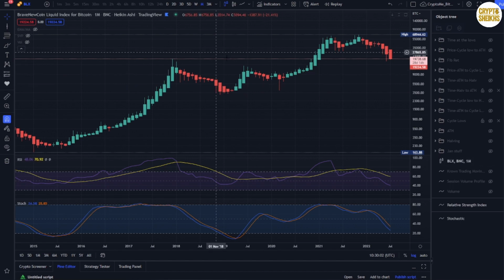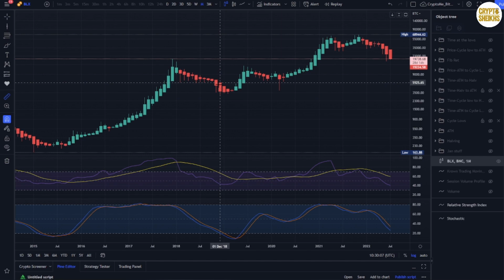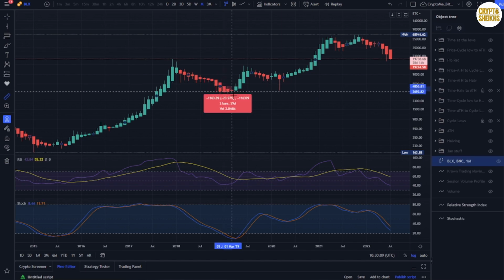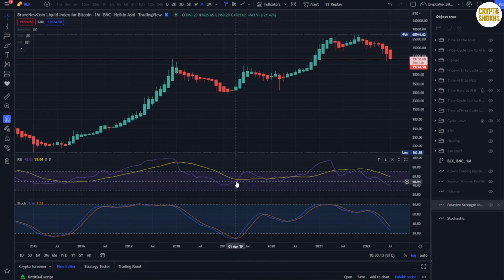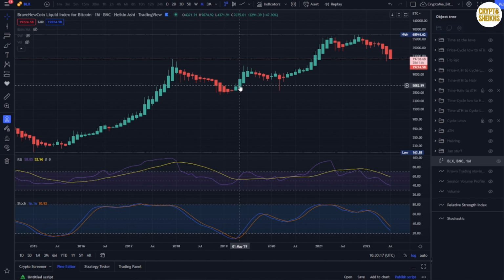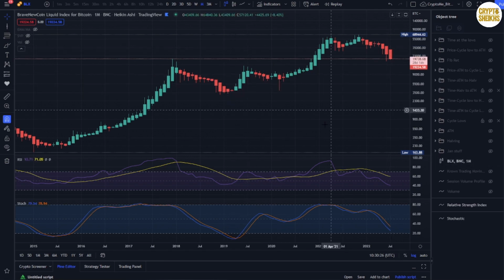Even oversold here, it can always, sorry, here it was oversold. It can drop 20% more. But after the RSI crossed the moving average, this was the low and it went higher. Yes, this was the black swan, so I kind of don't count it, but that's what happened.